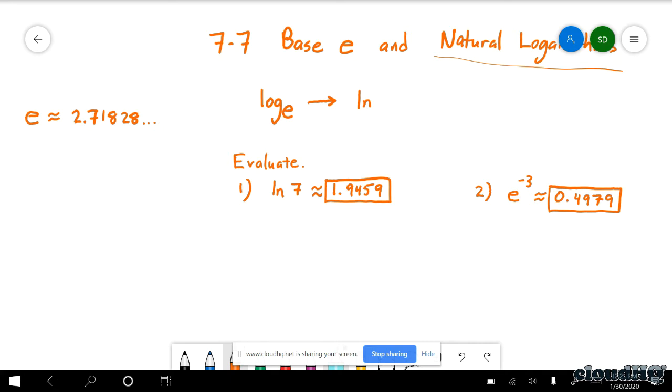If you use the subtraction button instead of the negative button when you do e to the -3, that would probably give you an issue. So make sure you use the negative. If you have any problem, I would verify that first. There is a button that just says e. It's right above division, but it doesn't give you the exponent. I would encourage you to use the one above.